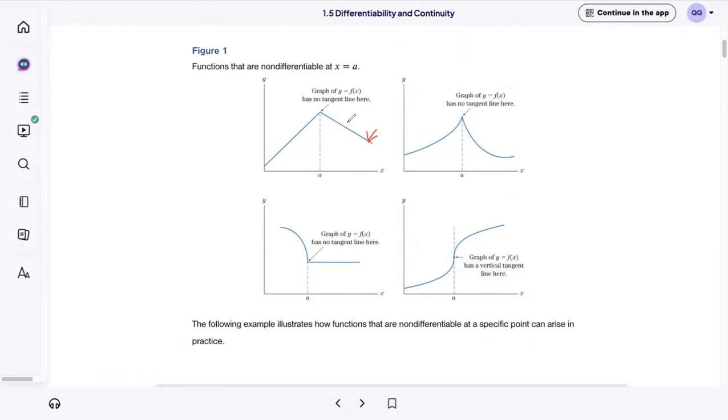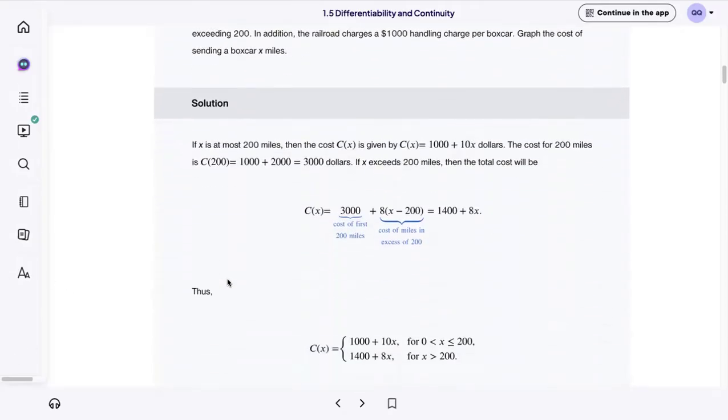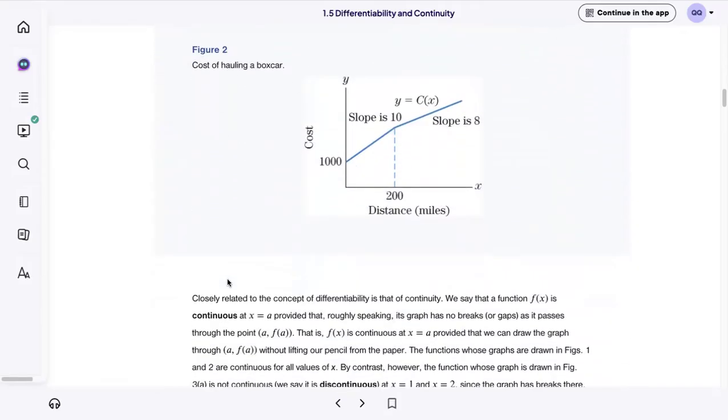There's no break, right? Same thing here, same thing here, same thing here. So that's from the graph point of view. Then let's see some discontinuous functions. This is still continuous.